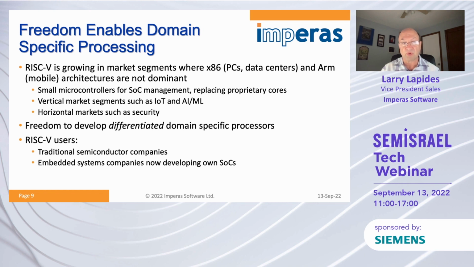What RISC-V provides is the freedom to develop differentiated domain-specific processors. So companies can use this to build products that are specifically suited to the differentiation that they want to show to customers.